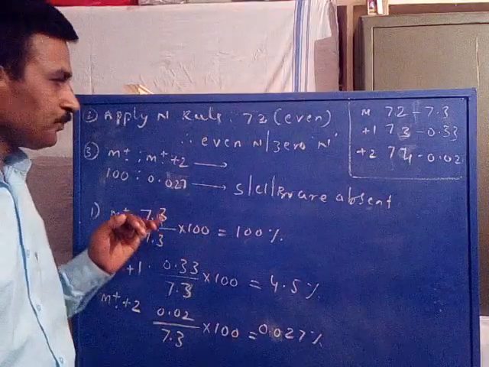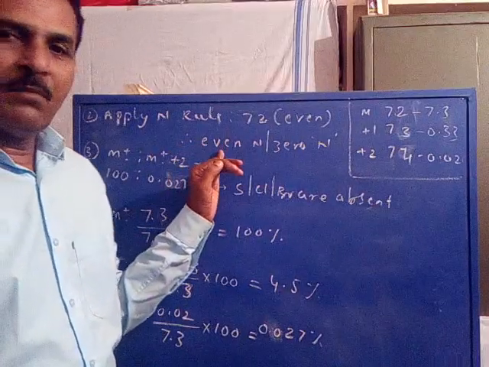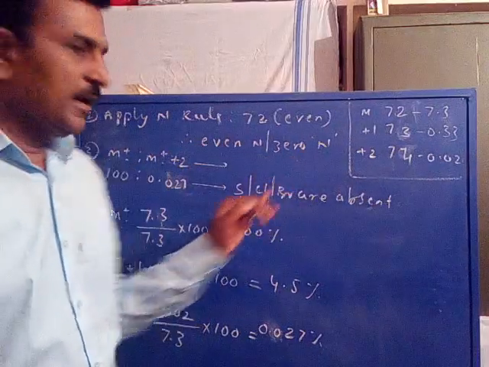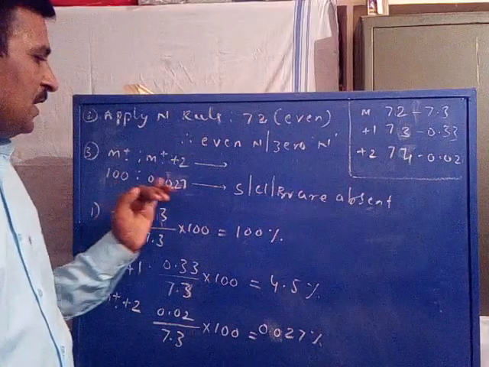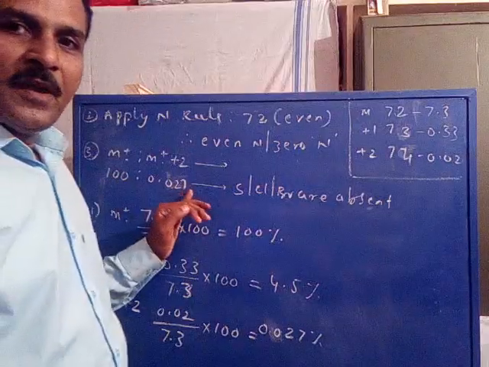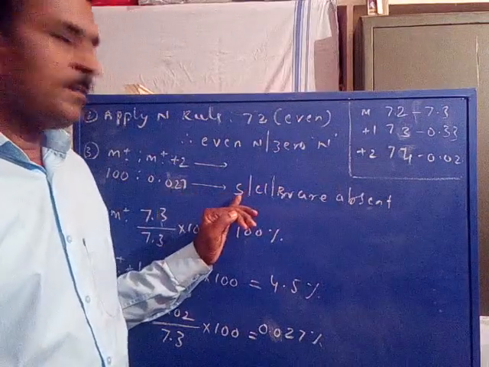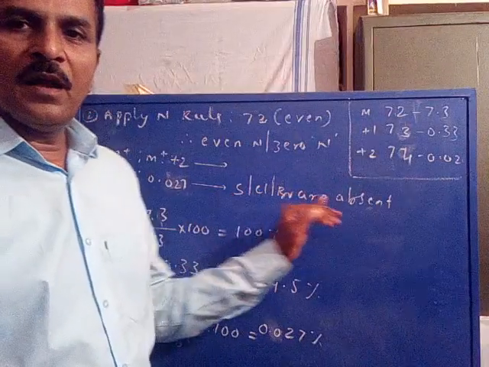You can see, the nitrogen rule indicated there may be an even number of nitrogen or zero nitrogen. When we compared the molecular ion signal intensity with the +2 signal intensity, it is not comparable in relation with the presence of sulfur, chlorine, bromine. Therefore, sulfur, chlorine, bromine are absent.